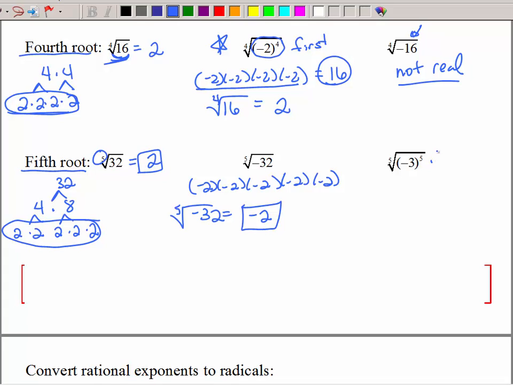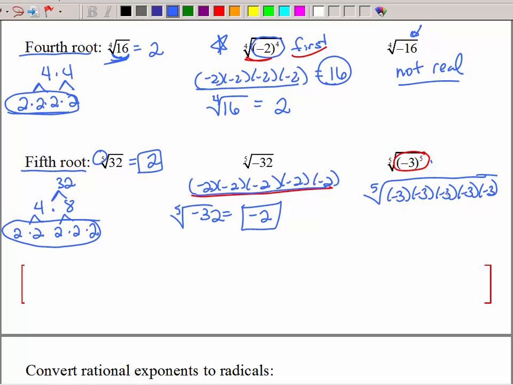What about this problem? Well, it's just like this one, in that we have to do this first. Okay, or can we just write it out kind of like this? Well, let's see. I think I want to do that. So I want to take the fifth root of, and what does this mean? I have 5 negative 3's. And if I multiply 5 negatives, I'm going to get a negative, just like here.